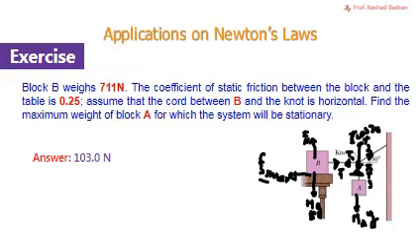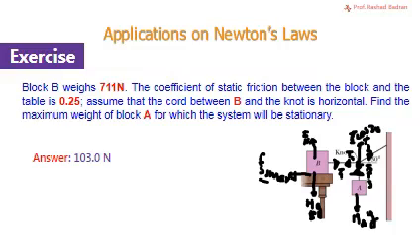Again, you have one equation along the y-axis for A. You have two equations for the knot, one along the x-axis and the other along the y-axis. And we have also two equations, one for the x-axis and one for the y-axis for B, but we don't need the one for B along the y-axis. We are interested in the one along the x-axis.